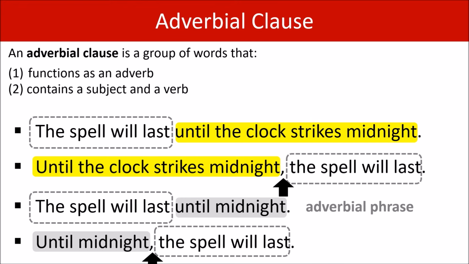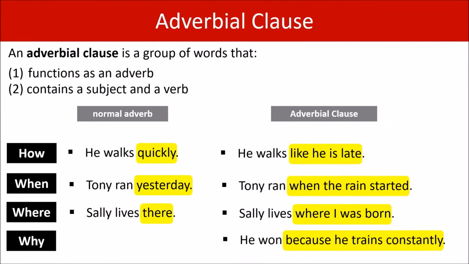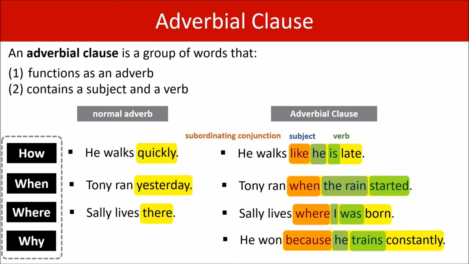Okay, I want to leave you with this slide. It's the one we saw at the start. So look at the adverbial clauses. Remember, they all have a subject, they all have a verb, and they all have a subordinating conjunction. And they all function as adverbs because they all describe the verb by telling us how, when, where, or why.